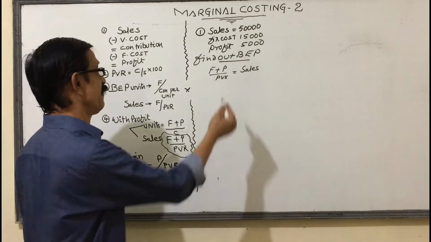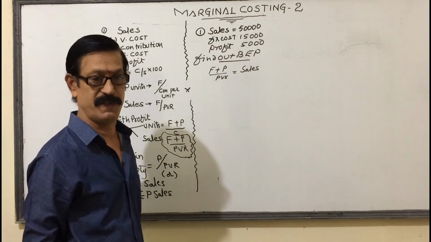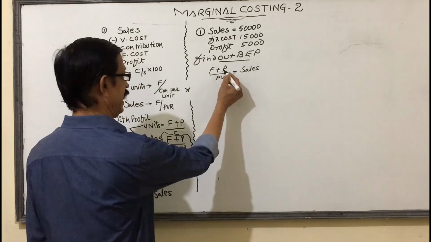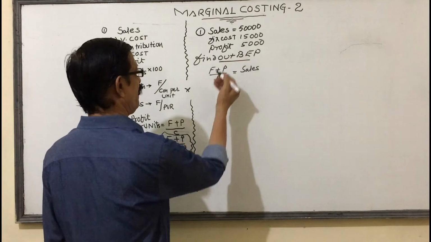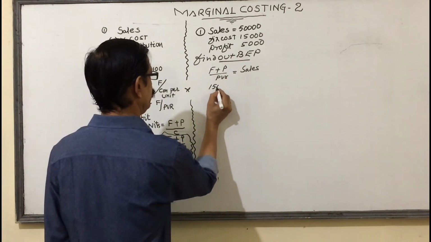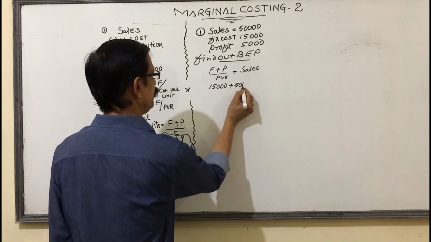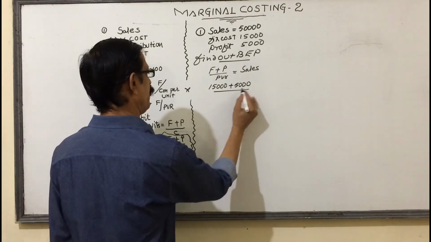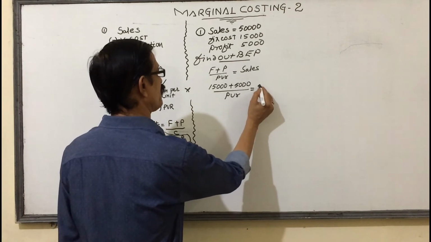Well, dear students, here fixed cost is there, profit is there, but we don't have PVR, profit volume ratio. That's why F plus P by PVR is equal to sales. F is equal to 15,000, profit is equal to 5,000, divided by PVR I don't know, but sales I know, 50,000.